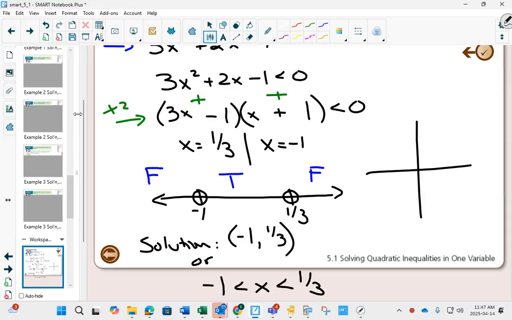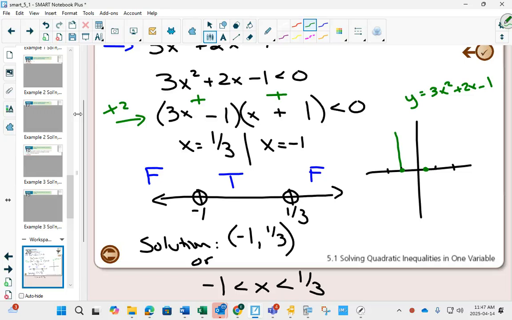If I graph y equals 3x squared plus 2x minus 1, and I found out that there was an x-intercept at -1 and at 1/3. Which way does this parabola open? Up or down? Up.